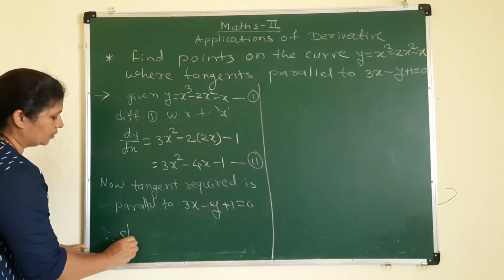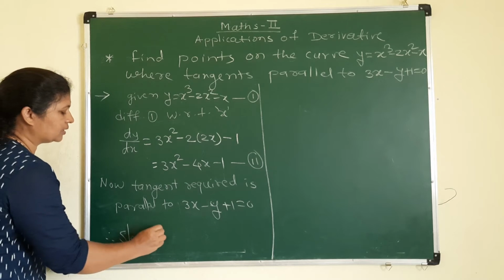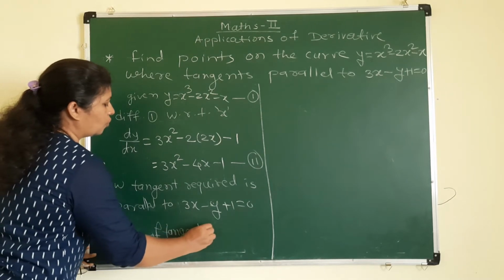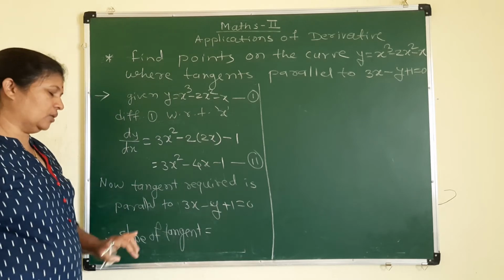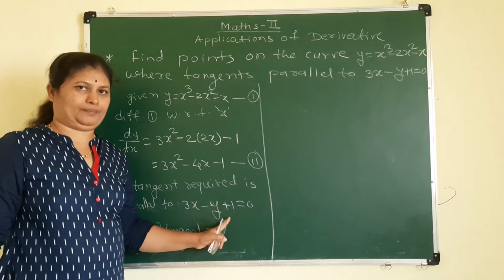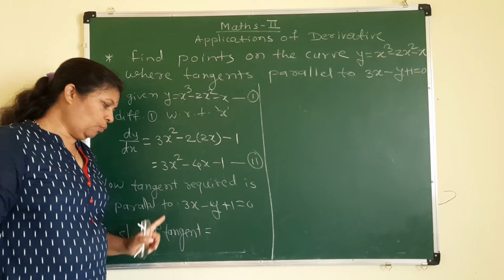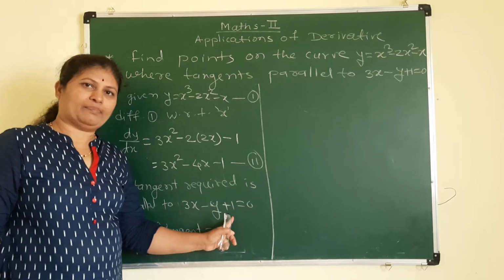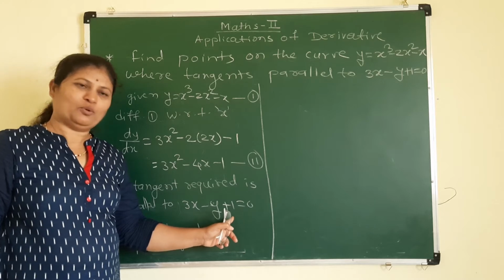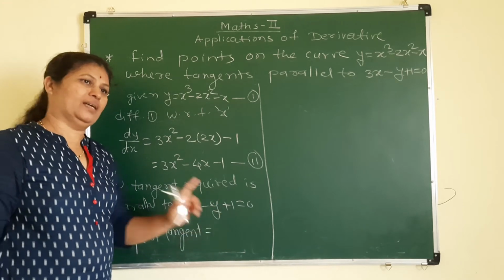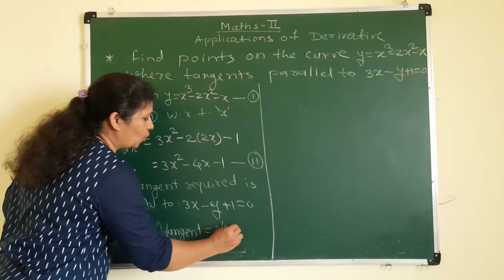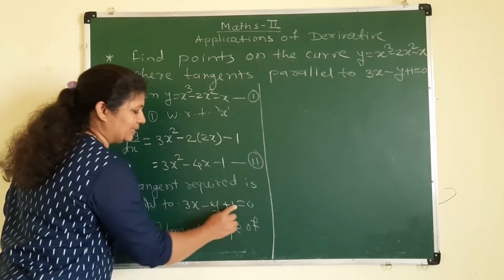Therefore, slope of tangent is equal to slope of this line. They are parallel to each other. Therefore, slopes are equal.